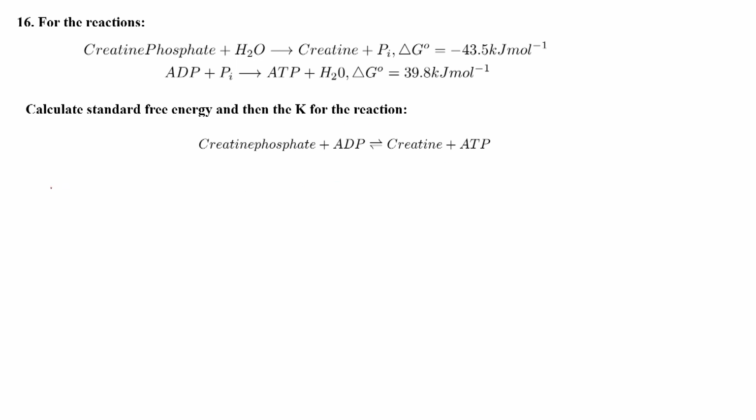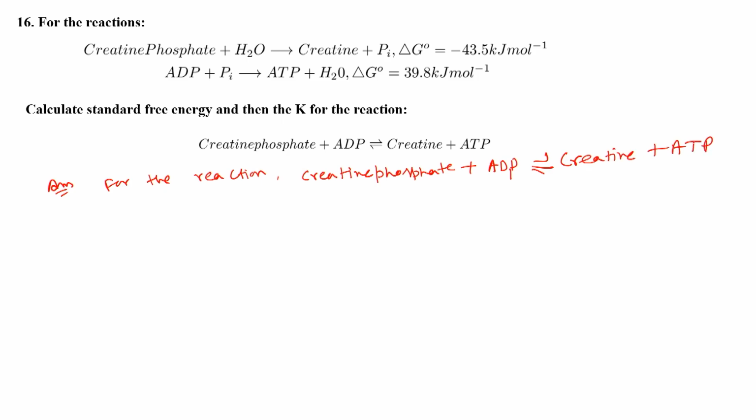Okay. So, for the reaction creatine phosphate plus ADP is in equilibrium with creatine plus ATP, delta G naught is minus 43.5 plus 39.8 kilojoule per mole.